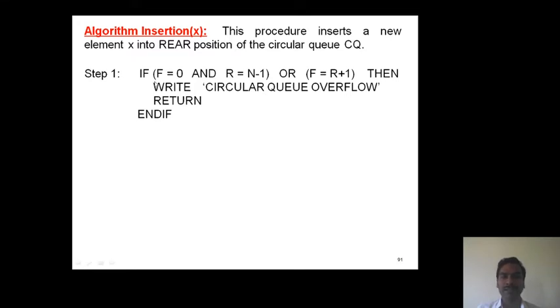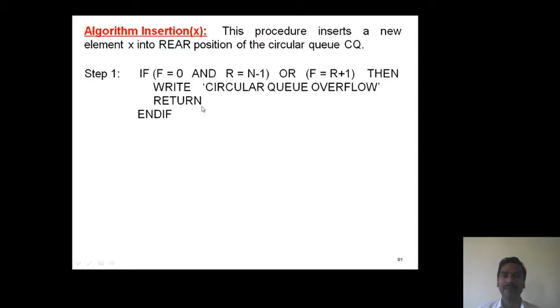For this, the specific condition is: if F equals 0 and R equals n-1, this is one possible situation, or another situation, F equals R plus 1. If any one of these conditions is true, the entire condition becomes true. If this situation arises, it refers to circular queue overflow.